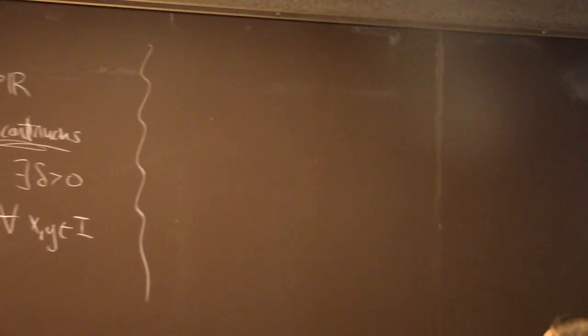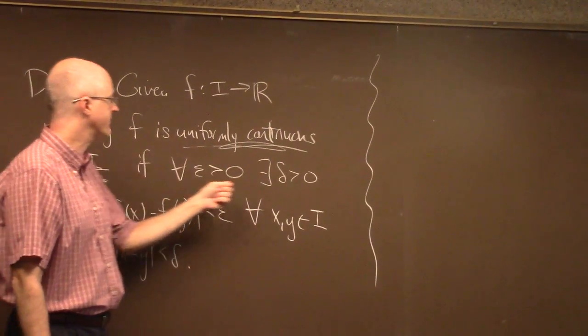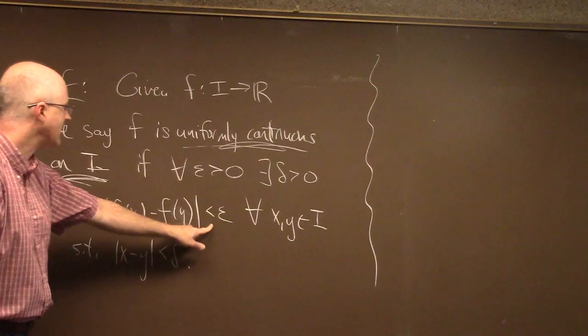I think we're only going to have time for scratch work here. So what would you have to do? You have to negate the definition. We've been doing that. Show there exists an epsilon greater than 0 such that for all delta greater than 0, this is not true.